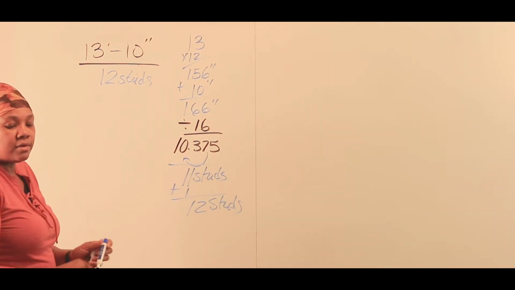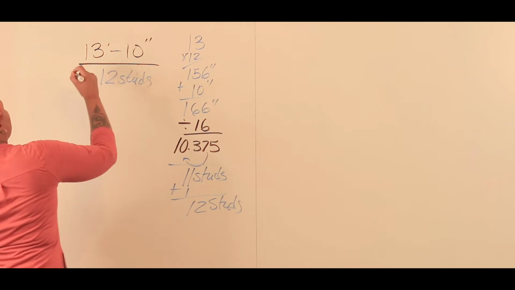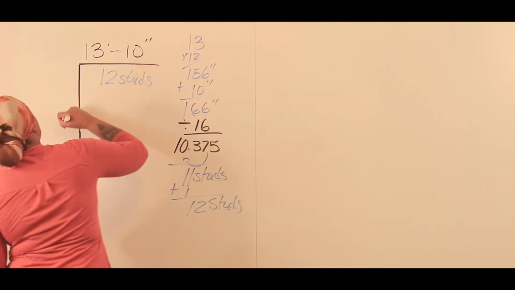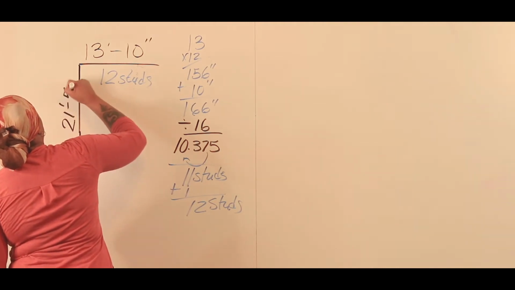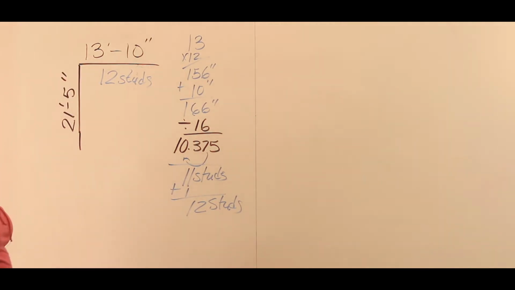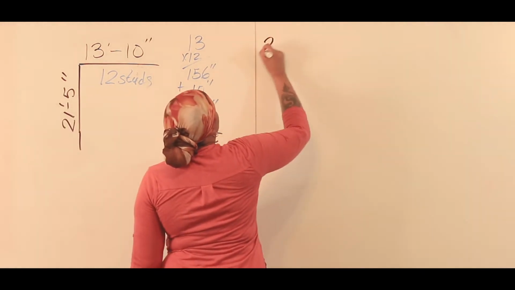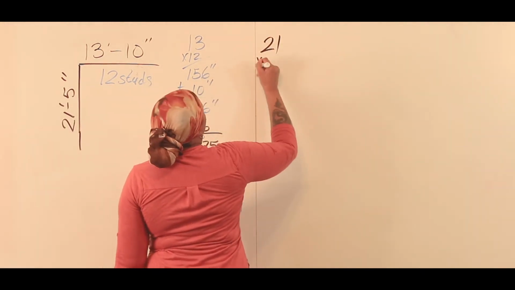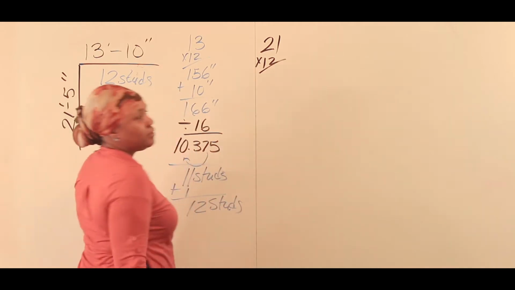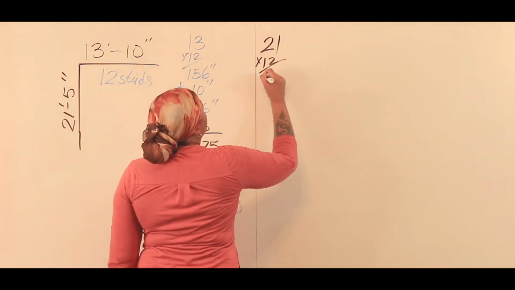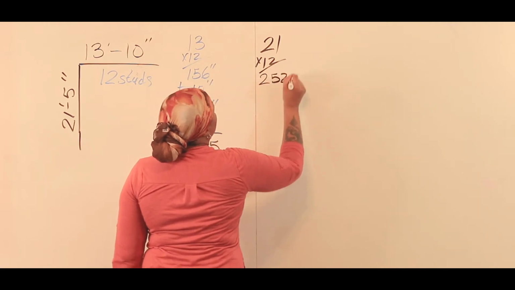Now let's say you have another wall. This wall is 21 feet 5 inches. The first thing we have to do is convert the feet to inches. 21 times 12 is 252 inches.